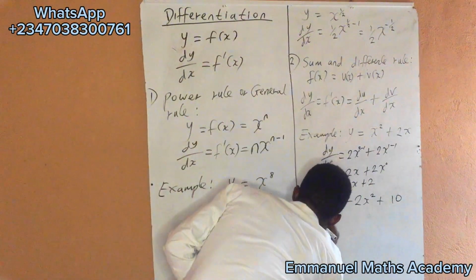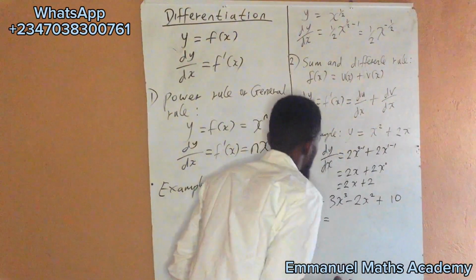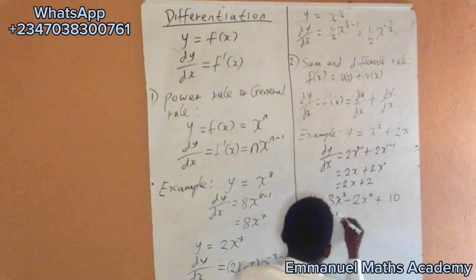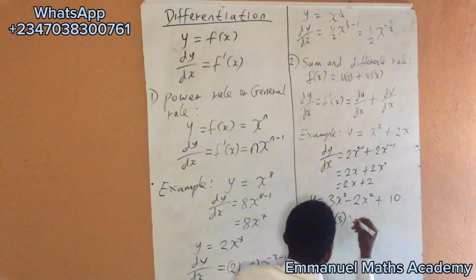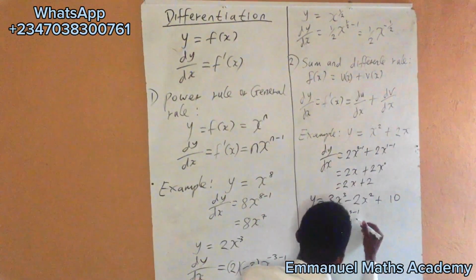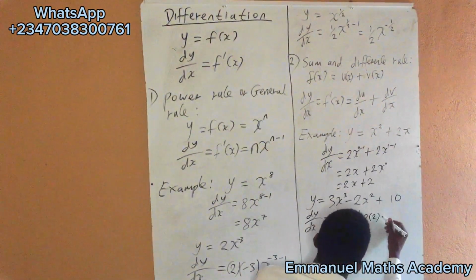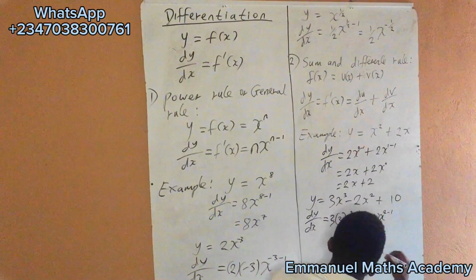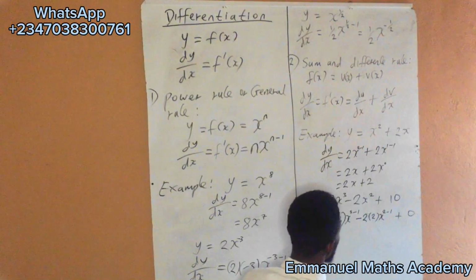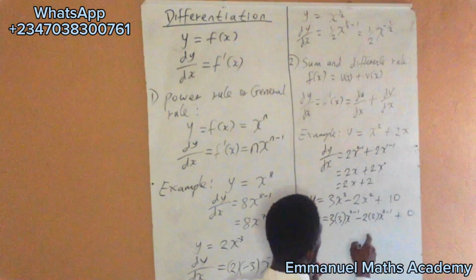We have dy/dx as what? 3 times 3 raised to power x, 3 minus 1, minus 2 times 2 x, 2 minus 1, plus what? 0. Right? If you differentiate 10 with respect to x, you have 0.